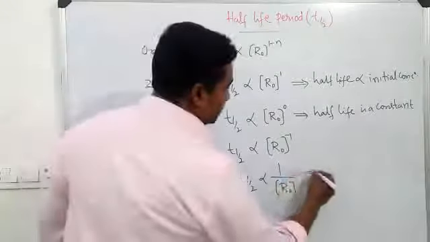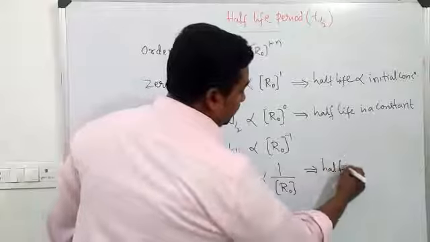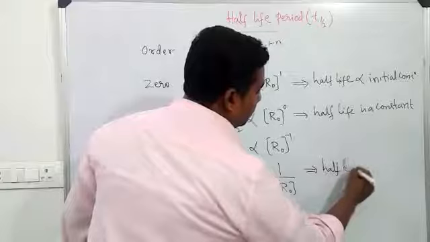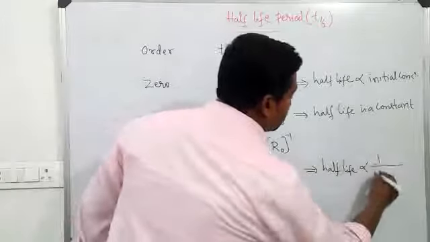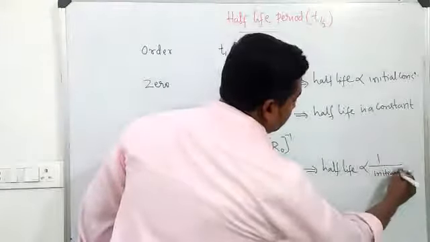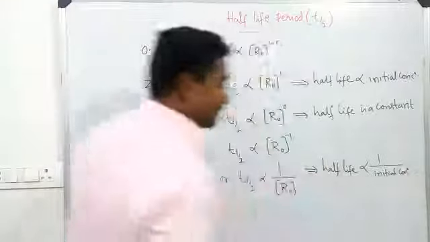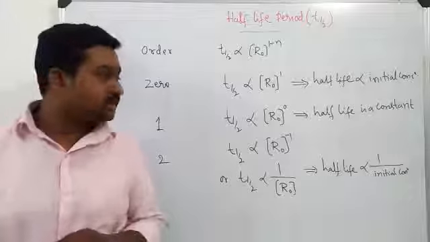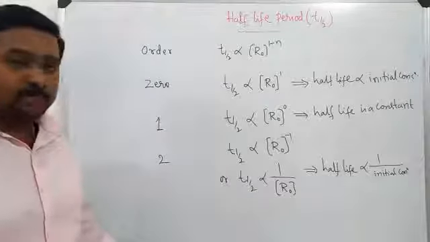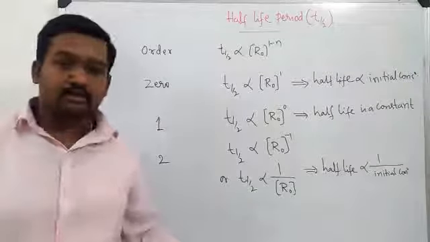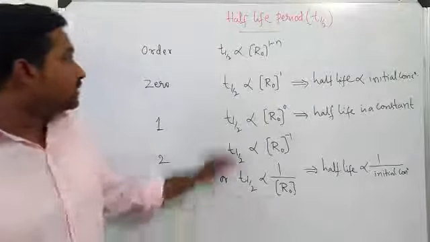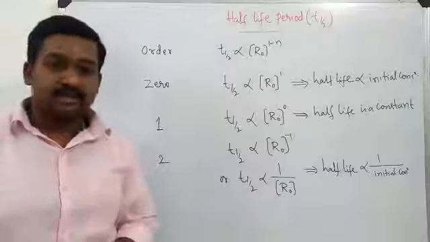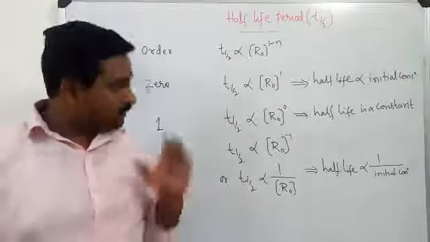So it means the half-life of a second order reaction is inversely proportional to initial concentration. These are the generalizations for zero, first and second order reactions. You can extend it to any order. In fact, even fractional order can be understood using this same expression, t half proportional to R naught power 1 minus n.